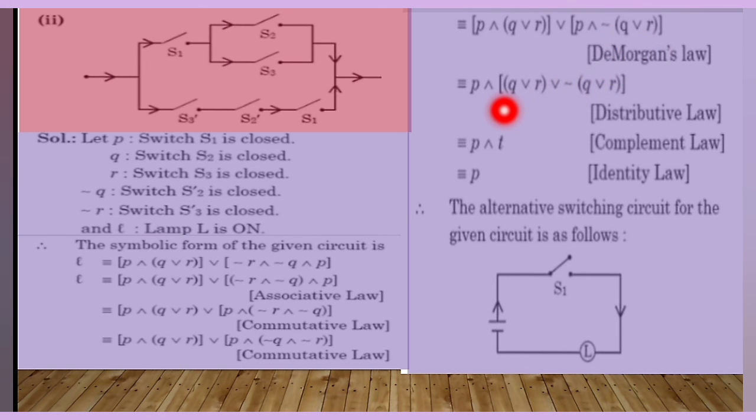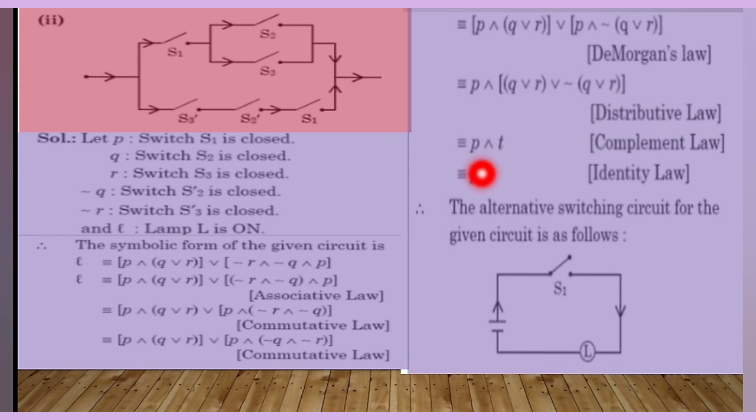Again apply the distributive law here: P and in bracket Q or R, first written as it is, and or, taking P common, this P and this bracket Q or R written here, and or, the second bracket is negation Q or R. This is the distributive law.